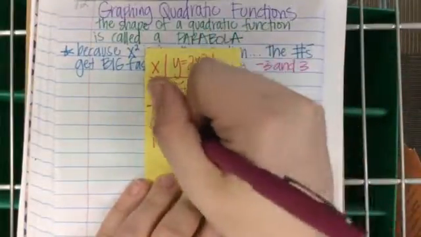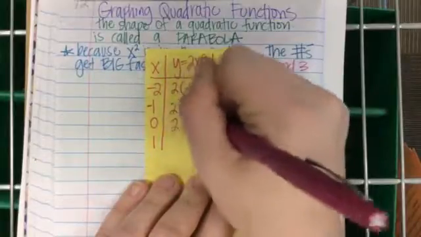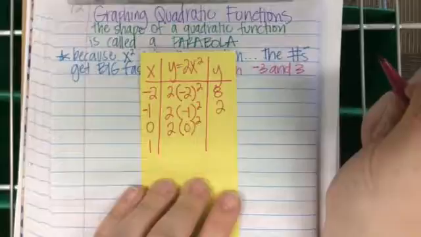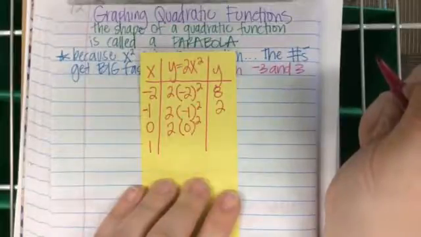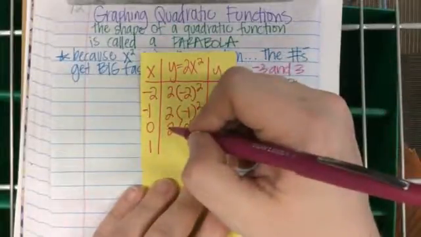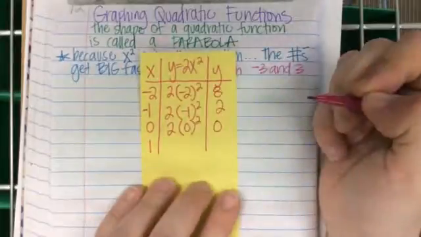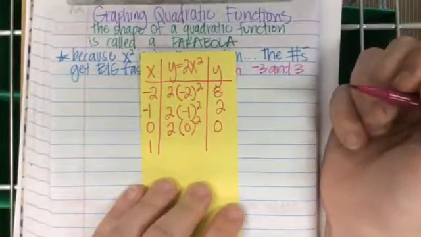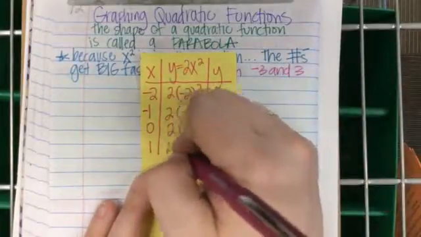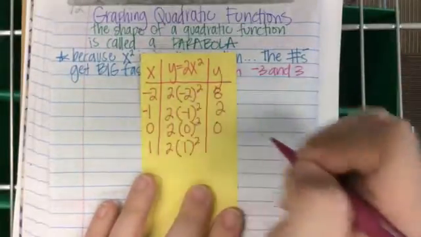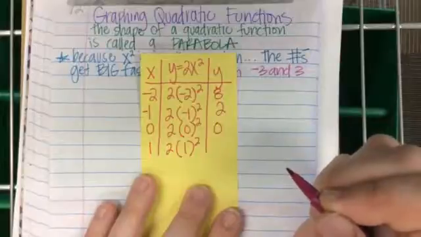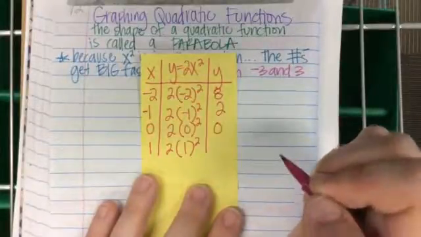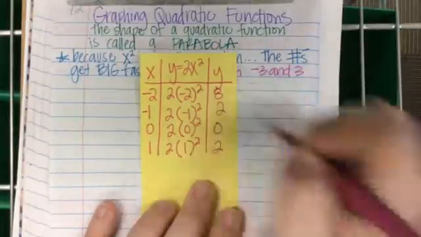Two x squared, so 2, and this time 0 squared. 0 times 0 is 0, times 2 is 0. Multiplicative property of 0, anything times 0 equals 0. And 1 squared, 1 times 1 is 1, times 2 is 2.